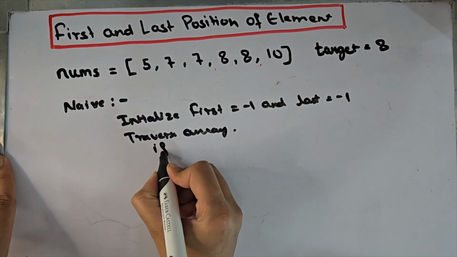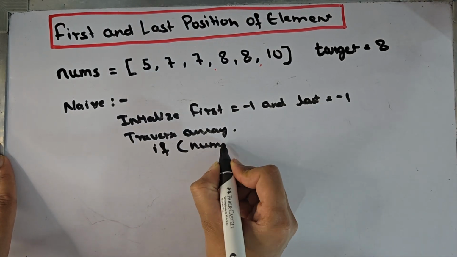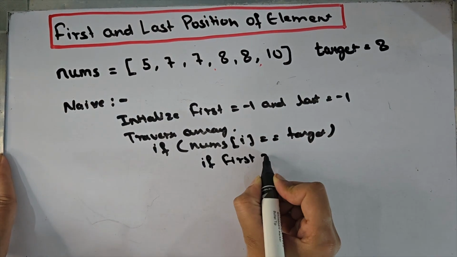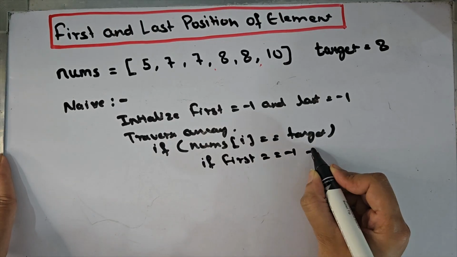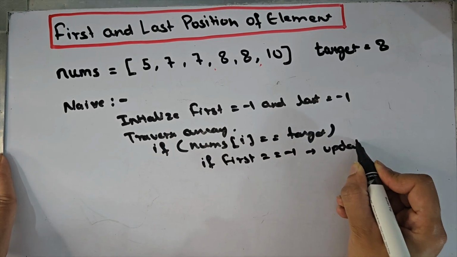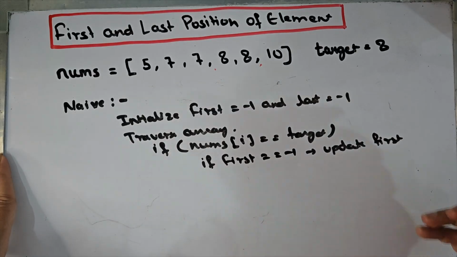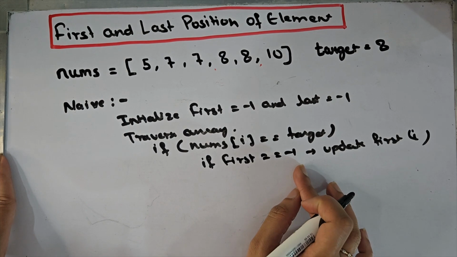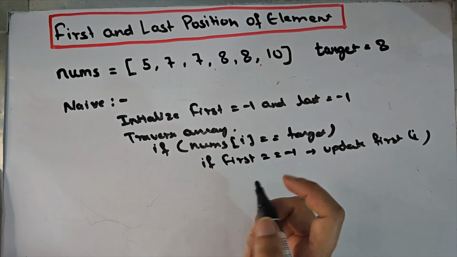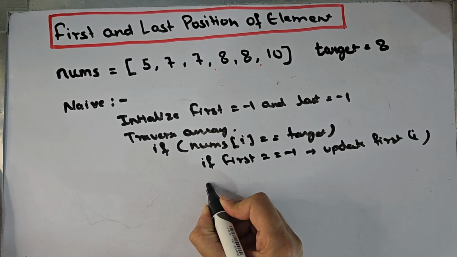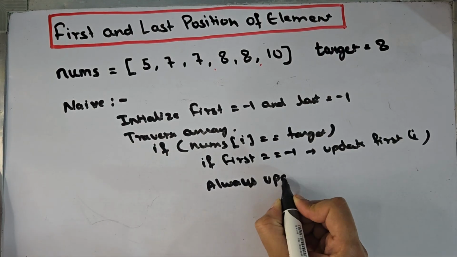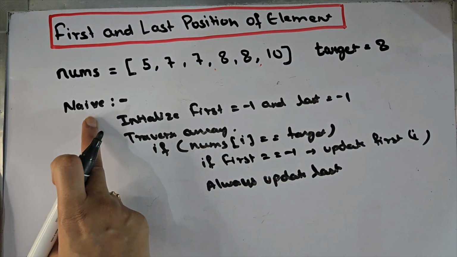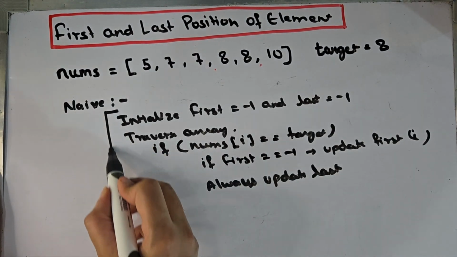And once we find that an element is equal to target, in that case, if first was equal to -1, we will update the first element with whatever is the i at that time. Else, if first is not equal to -1, which means we already have first, so in that case we will always update last element. So this is the naive solution that we have.